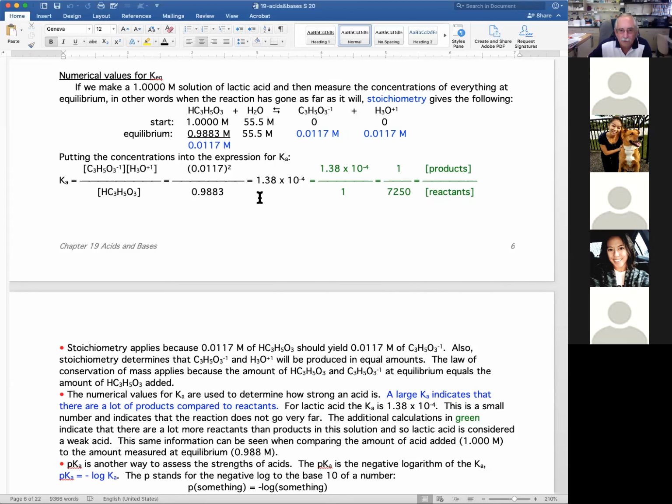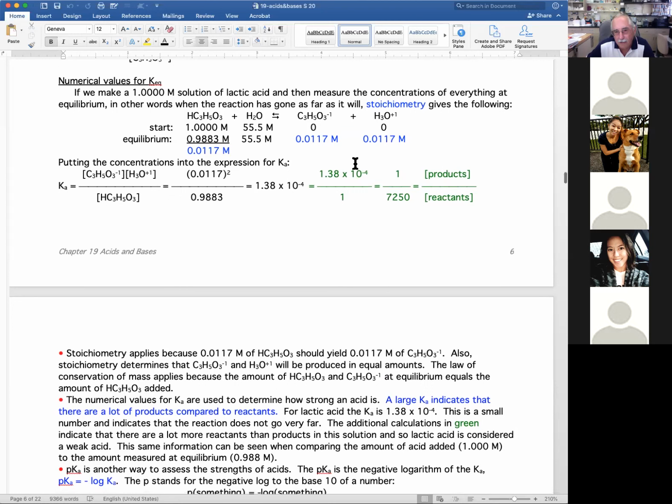This number tells us what we just saw over here. When you put this acid in water, you don't make very much products. That's what that number means. This is the same as this over 1.